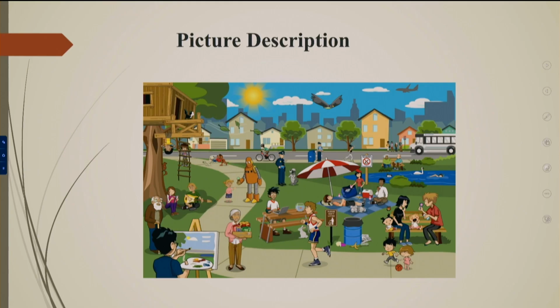I see one bird and one plane. I see a tree house, and I see a girl that was reading and a boy that is playing guitar. I see two people having a picnic. I see one boy working on his computer on the bench, and I see a couple with their kids also on the bench. Very well.